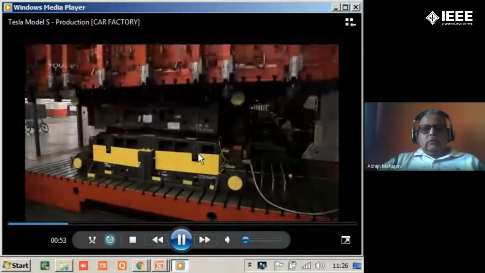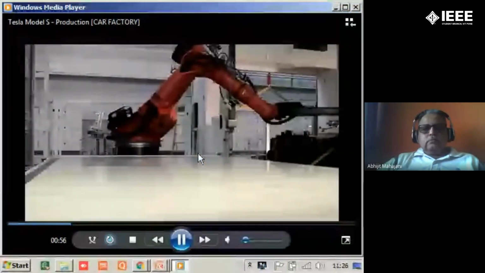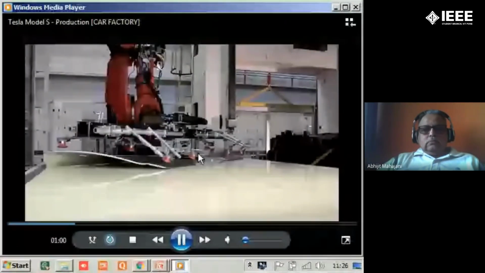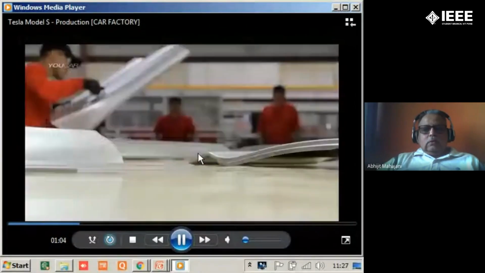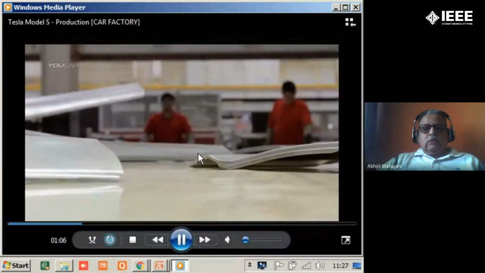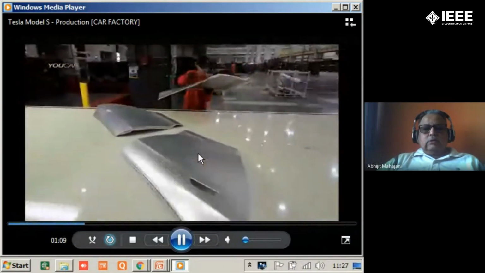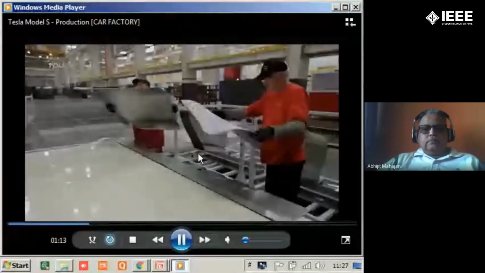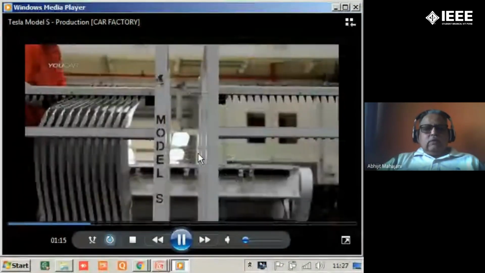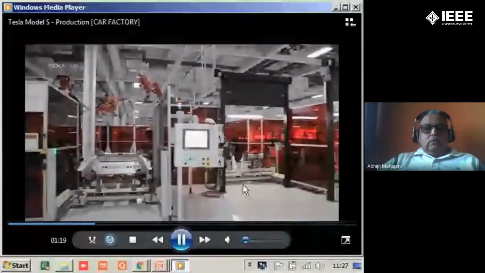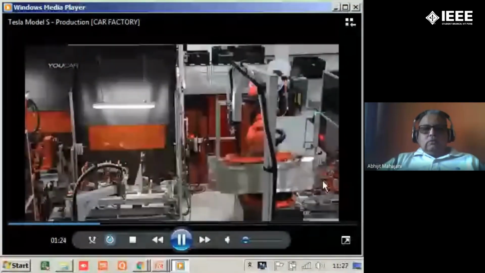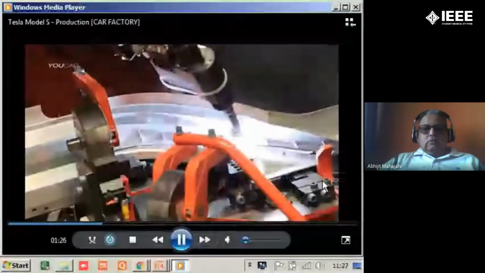It's completely automatic. And here you will see people doing visual inspection of the components. Nowadays you get equipment which can probably replace even these people, but being a vehicle for personal use, they still maintain people.